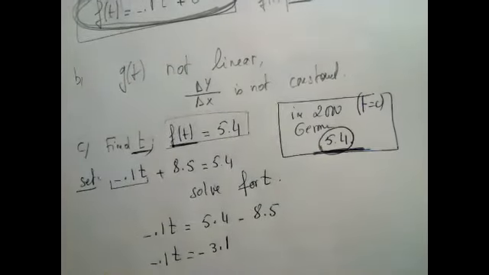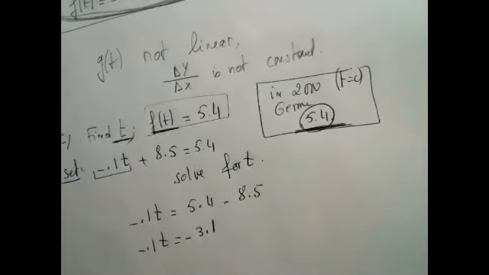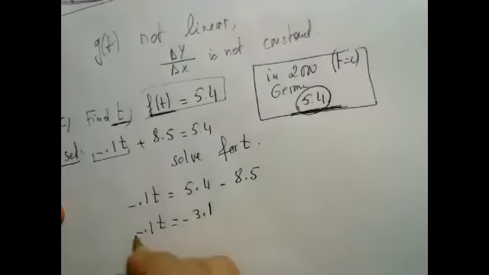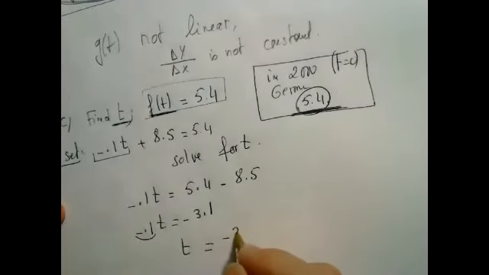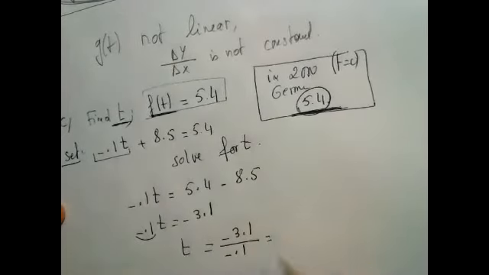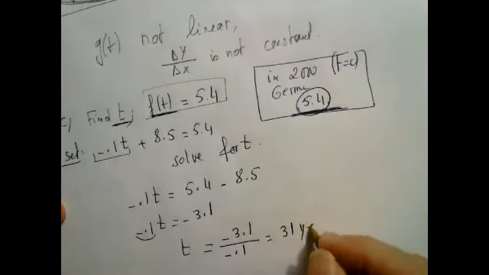And then what's t? To get t, I need to divide both sides by minus 0.1. So I will have t equal to minus 3.1 divided by minus 0.1. So this is going to give me how much? This is going to give me 31 years.